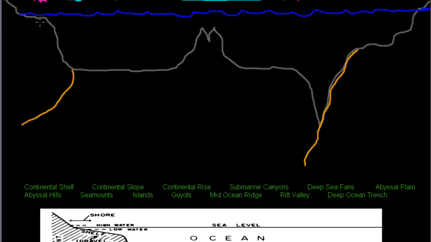So we're going to start with this one right here. If you notice, I've got words down here. Rather than write the words on the drawing, which would get really complicated and I'd have to write really small and very clear, I'm going to have the words down here. I'm going to put a number, like right here number 1, and number 1 coincides with number 1 down here because this is the continental shelf. The continental shelf is the actual underwater extent of the continent.